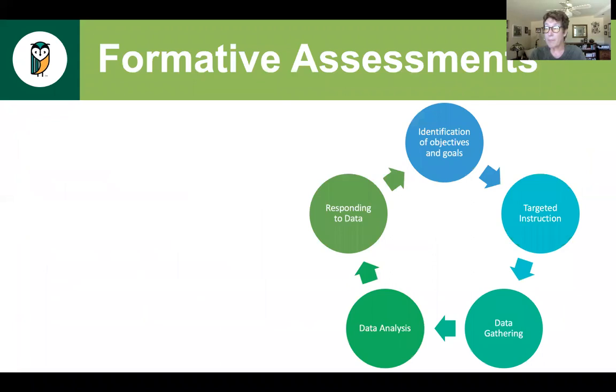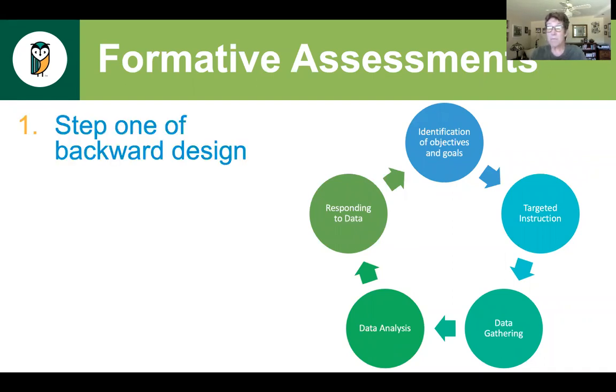Let's really take a look at how formative assessments work when you are lesson planning. The first step is the first step of backward design, where you need to identify what it is you want your students to know and be able to do by the end of the lesson. Then you teach your lesson.